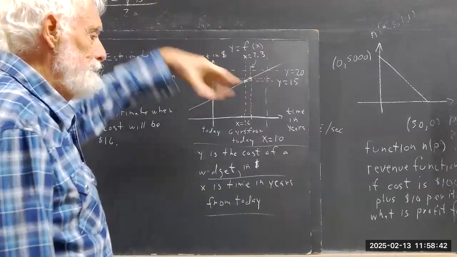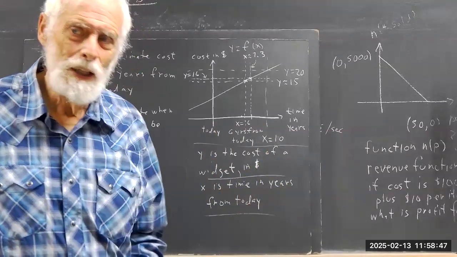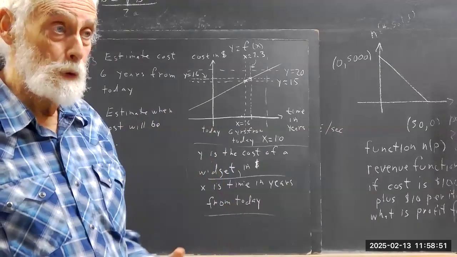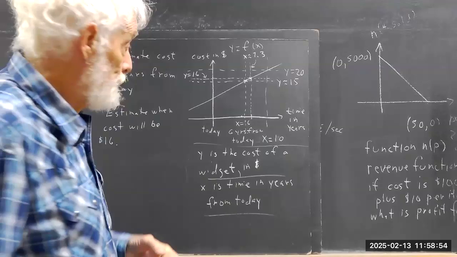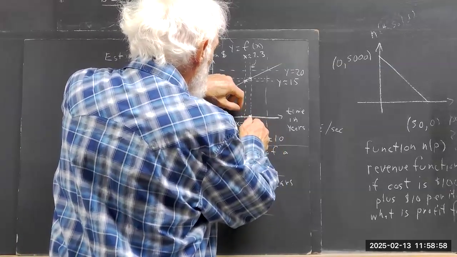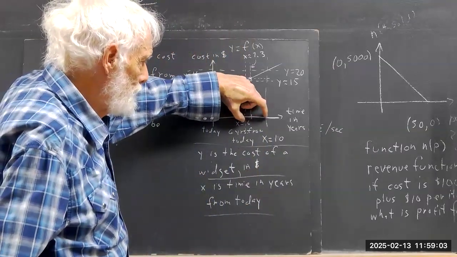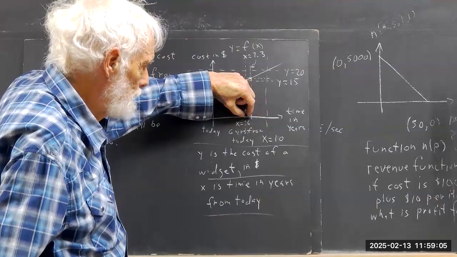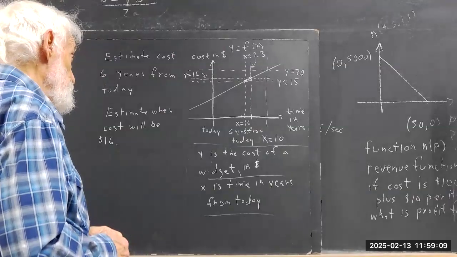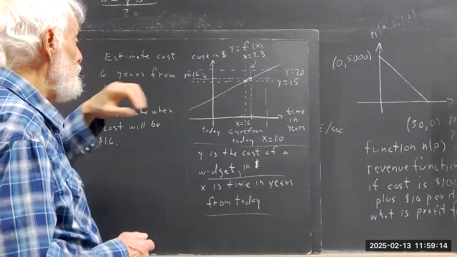Now, if you take graphing instruments and measure things in my graph, I doubt 7.3 is accurate, but you understand it's going to be a little more than 7. You go halfway from here to here and you get here, and halfway from here to here is a little bit to the left. And halfway from here to here would be 8, and then halfway here would be 7, so it's a little more than 7. Let's say 7.3.